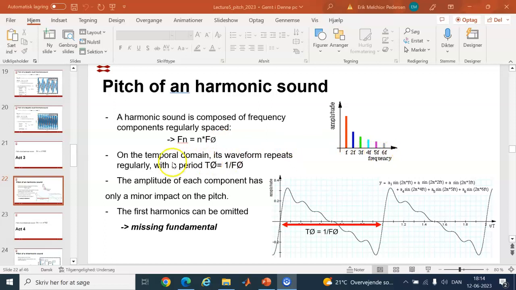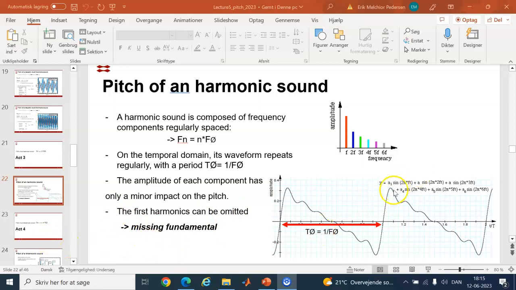In the temporal domain, its waveform repeats regularly with a period T equal to 1 divided by F0. The amplitude of each component has only a minor impact on the pitch. The first harmonics can be omitted. Then we're talking about missing fundamentals.